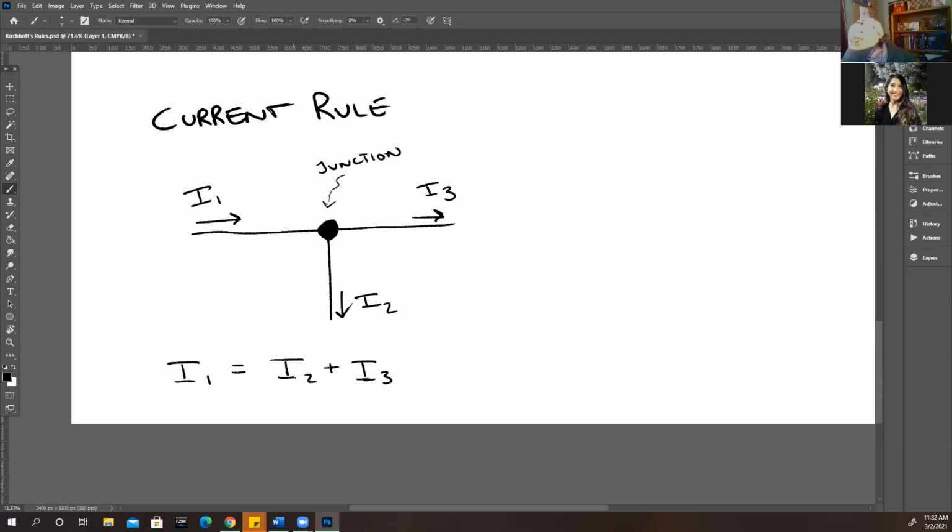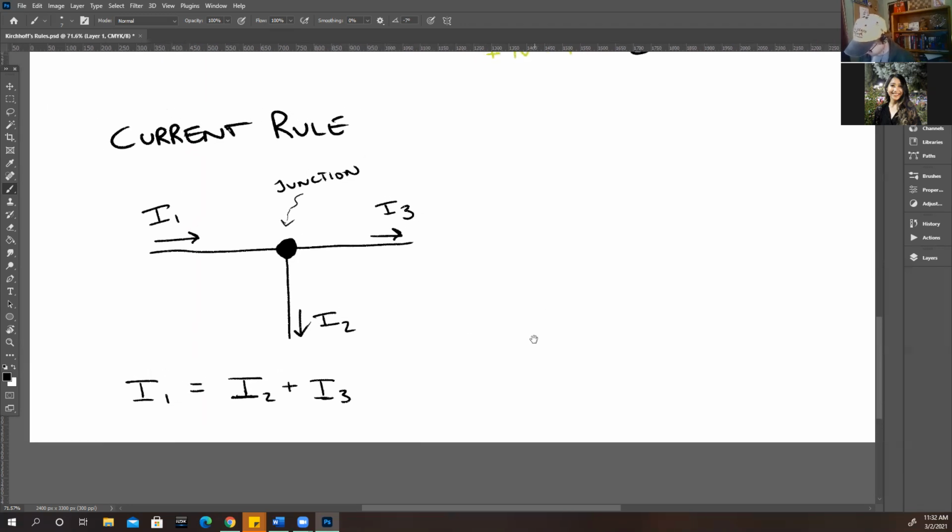And it's true for any junction. I forget what the values were for this in the lab, but say 5 amps is coming into the junction, and we're given a problem and we know something over here on this side of the circuit has a current of, say, 4.5 amps.